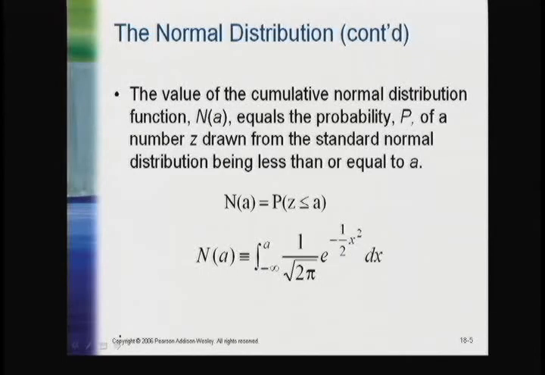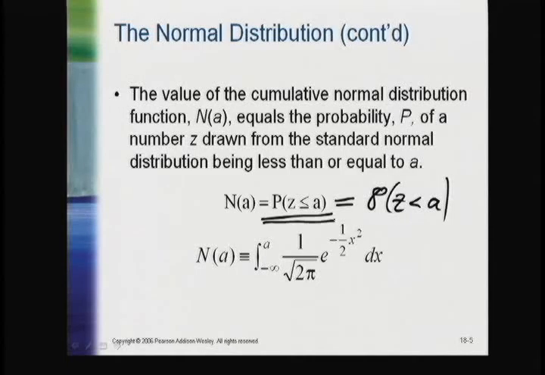For a continuous probability function like the normal, it doesn't really matter whether we put the equality in there or not; this would, of course, be the same as the probability that Z is less than A. I think the correct definition of a cumulative distribution function is that it's the probability that the random variable is less than or equal to a value.